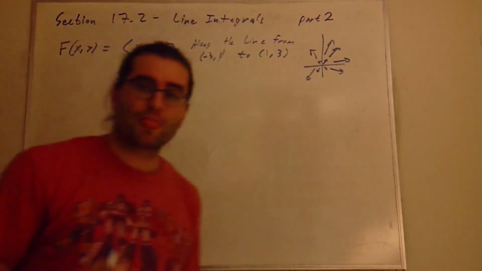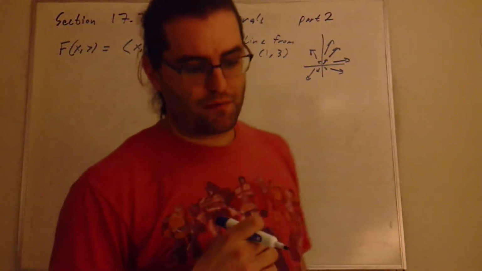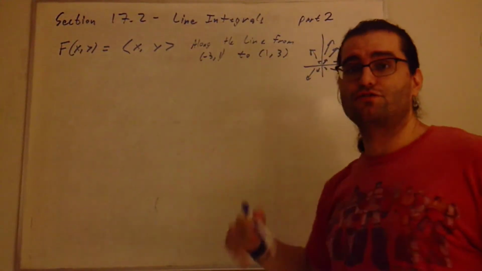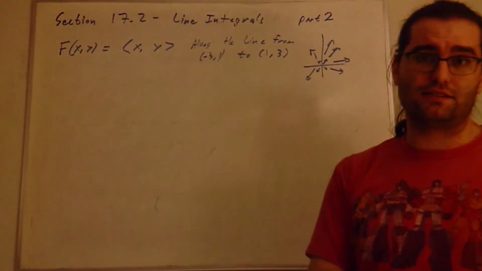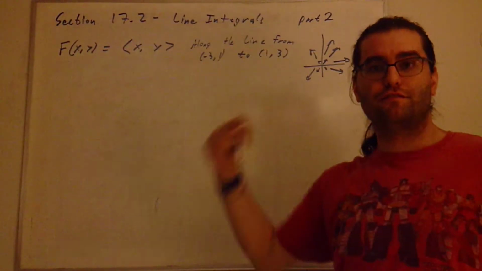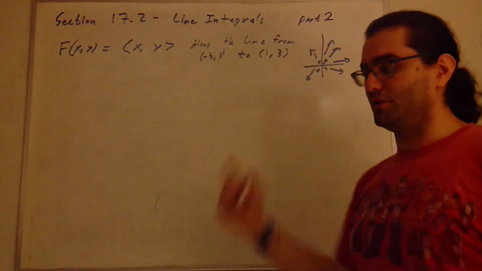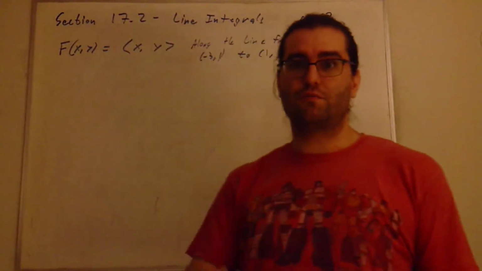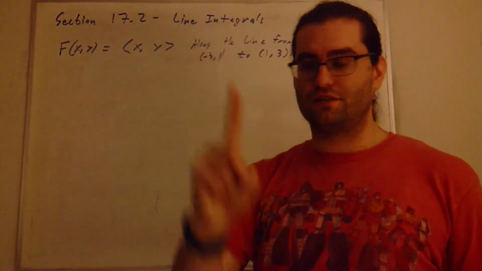So, in the last video, I promised that making a path out of a line was extremely simple, and it is, which is good because parameterizing this line is the first step when doing these line integrals, as we remember from our 5 easy steps. Step 1, parameterize the curve.